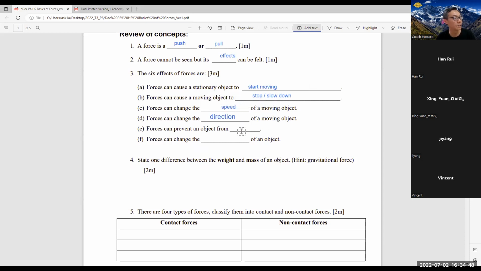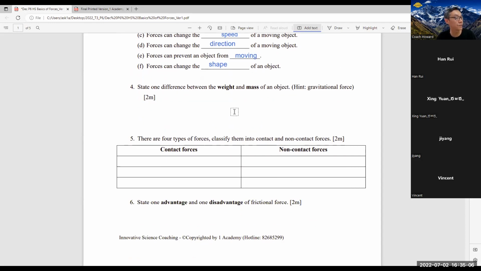Forces can prevent an object from moving, like when you apply a brake. And finally, forces can change the shape of an object. So these are the six effects of forces. Do take note. Change the speed, change the direction.